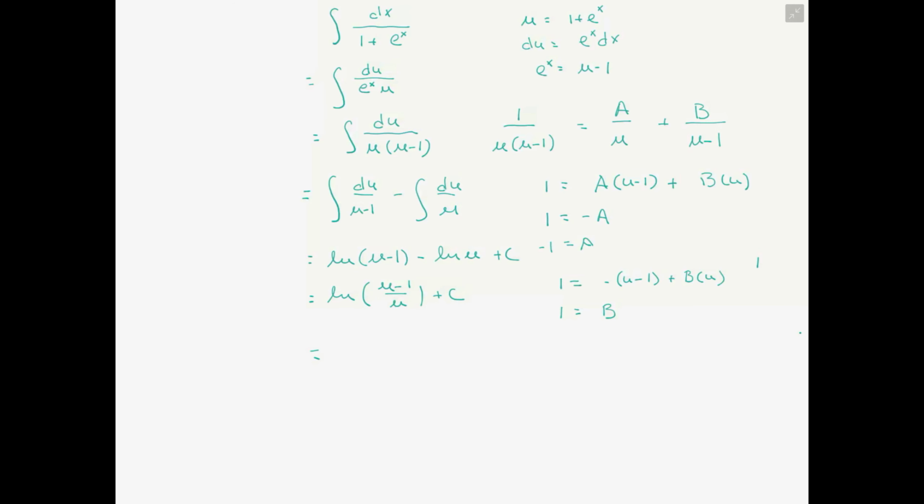And then we go back to our original variables, where u is equal to 1 plus e to the x. So 1 plus e to the x minus 1 over 1 plus e to the x plus c, and that is equal to the natural log of e to the x over 1 plus e to the x, and that's our final answer.